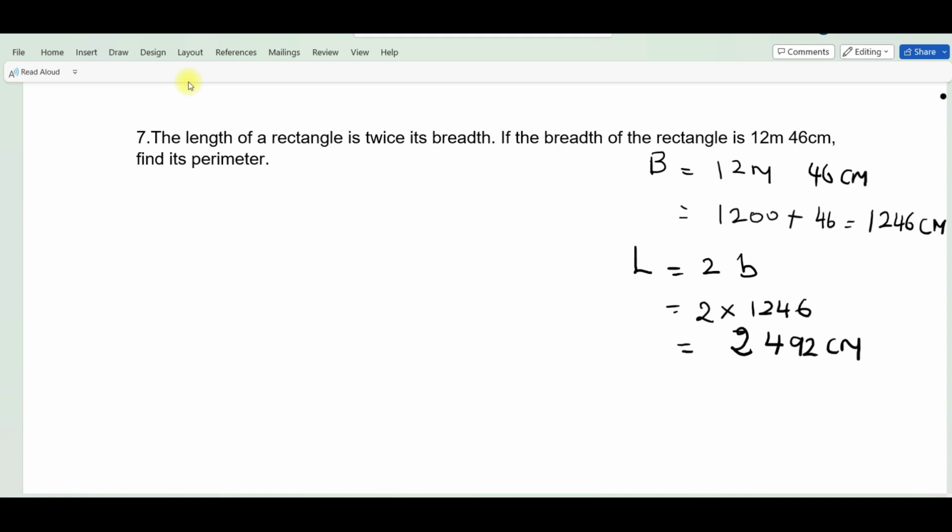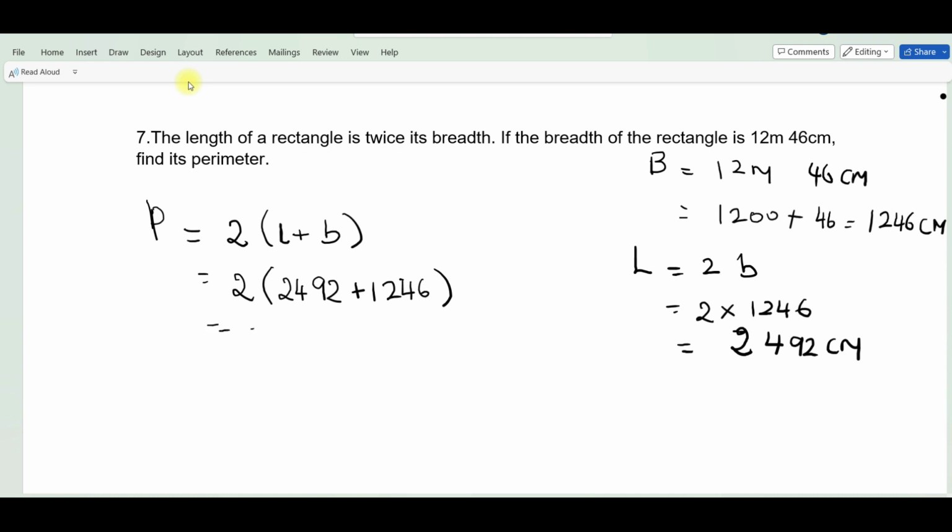So now we'll put in the formula, that is, the perimeter of a rectangle would be 2 into (L plus B). So it is 2 into, we know L, that is 2492, and the breadth is 1246.